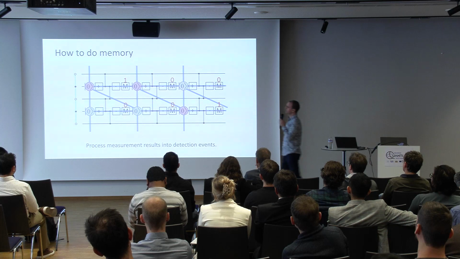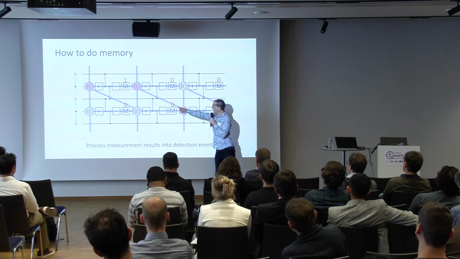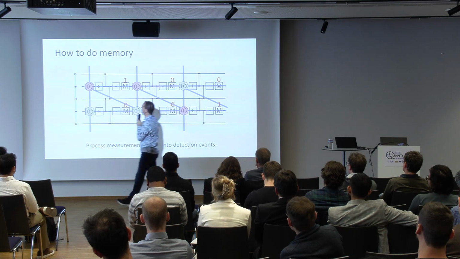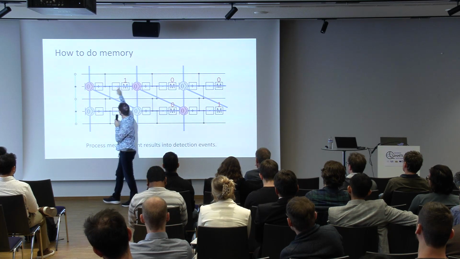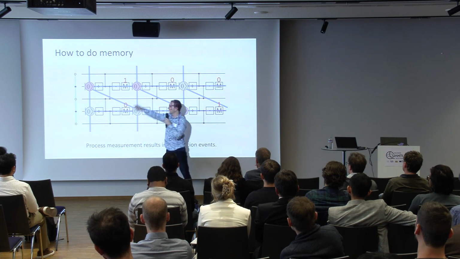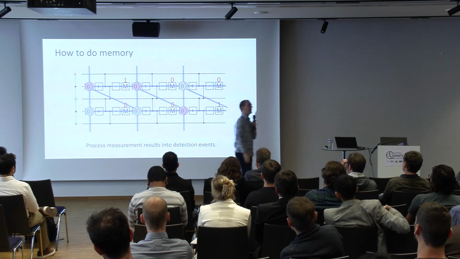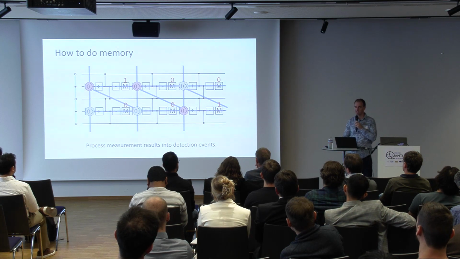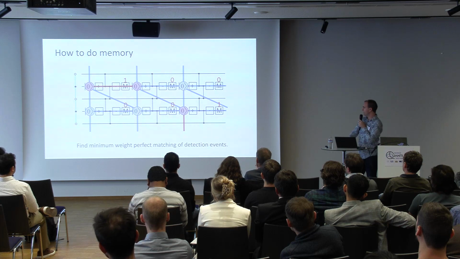Anytime you have a change in measurement value, so here we went from 0 to 1, so we have a detection event here, we color that node of the graph. Here we went from 0 to 1, so this one is colored. Here we went from 1 to 0, so this one is colored. So we have a graph plus colored nodes, and then the game is to connect those nodes using the shortest possible length of string.